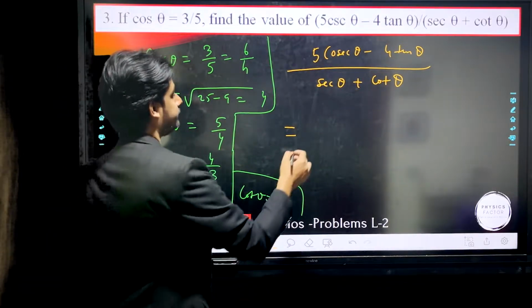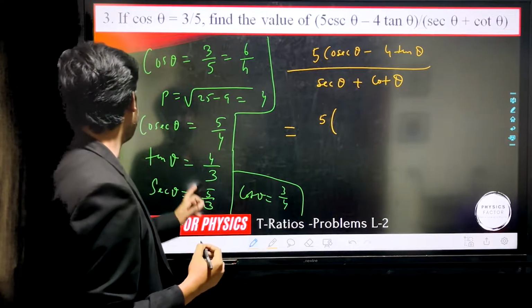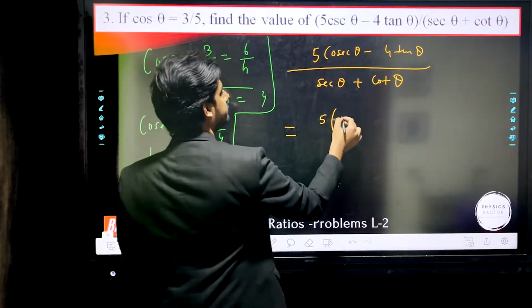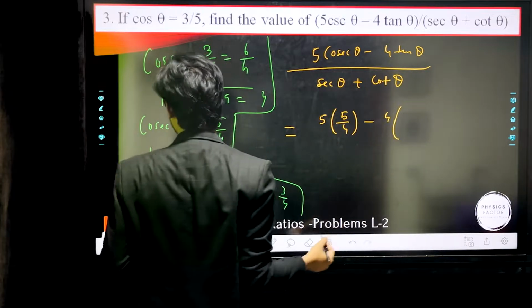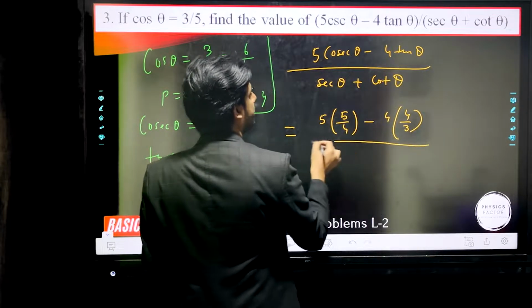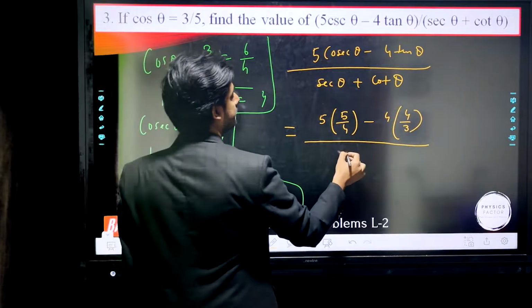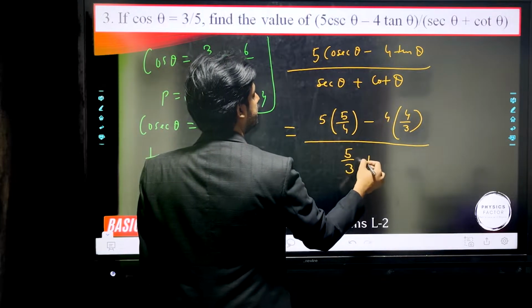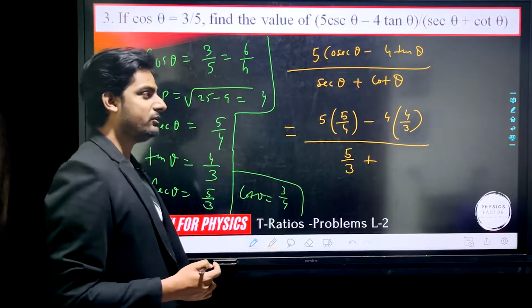So 5 into cosec theta. Cosec theta is 5 upon 4, minus 4 tan theta. We'll substitute from here, 4 upon 3, upon sec theta, which is 5 upon 3, plus cot theta. So cot theta is 3 over 4, right?